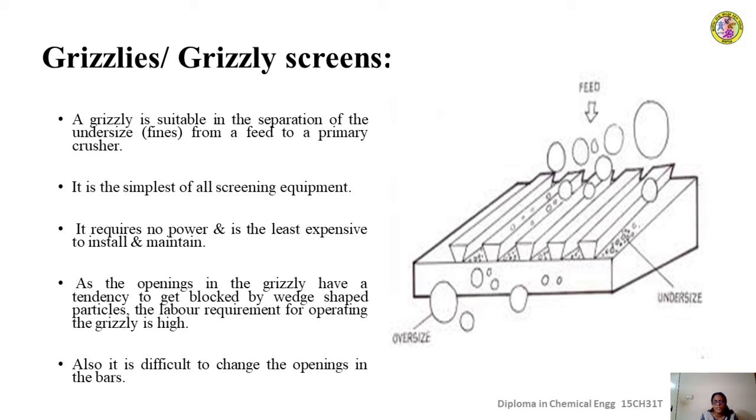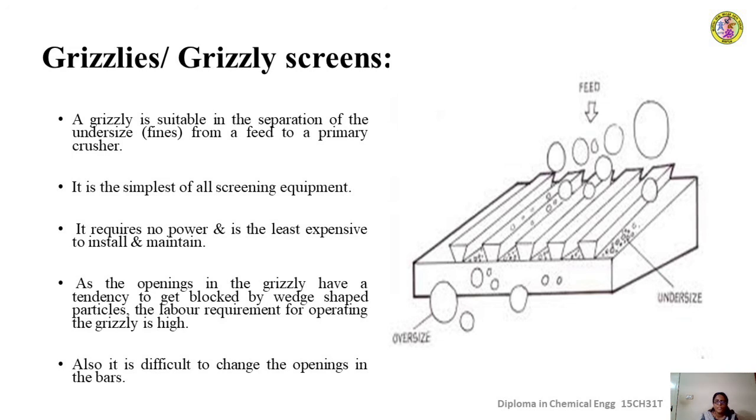Coming to its application, as I mentioned in the earlier stages itself, a grizzly screen is suitable for separating fine particles from very large particles, which are supposed to be made as a feed to a primary crusher. A primary crusher takes the feed in the form of very large sized lumps. If those lumps contain some fine or small particles, they are to be separated, and that is done using a grizzly screen.